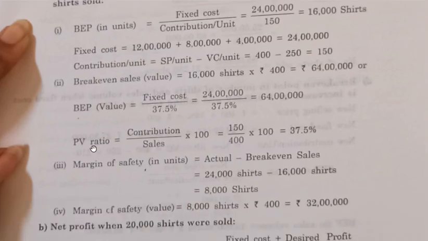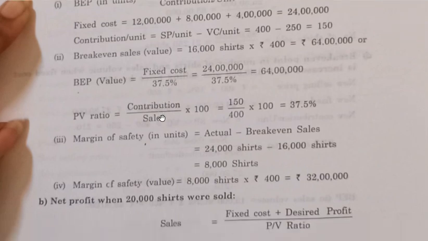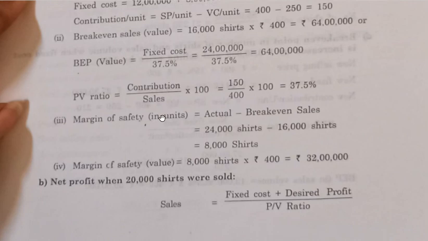Before that you're supposed to find out your PV ratio. PV ratio is contribution divided by sales into 100. 150 is your contribution divided by 400 into 100, 37.5%. So fixed cost divided by 37.5%. Fixed cost is 24 lakhs divided by 37.5%, which is equal to 64 lakhs.